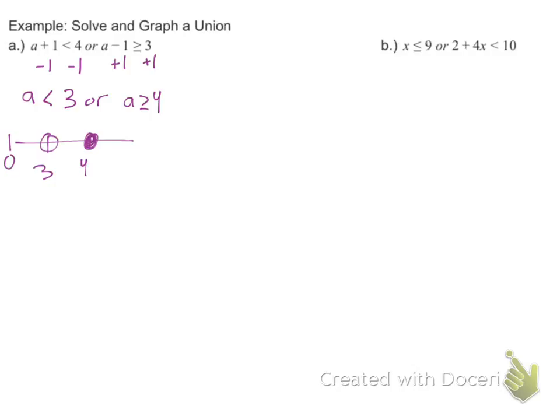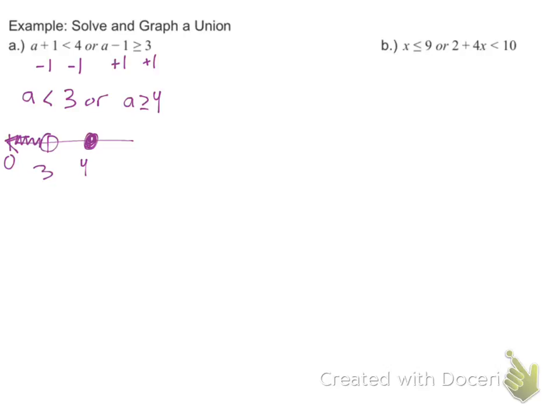Always test something. Don't just take my word that ors should go away from each other. Test 0. Is 0 less than 3? Yes. So I shade towards 0, or the side that has 0.